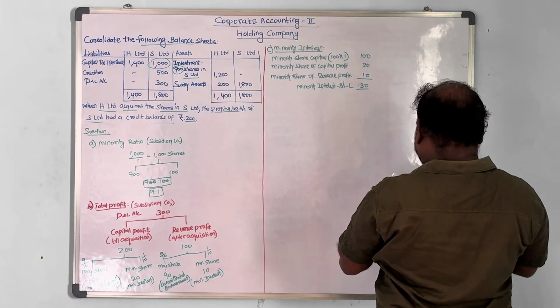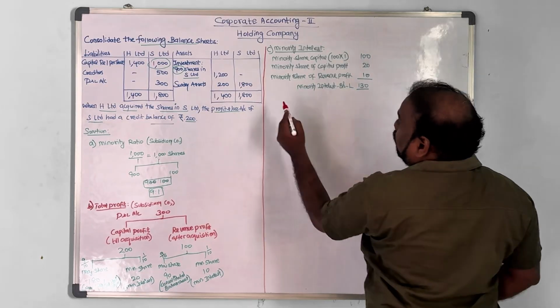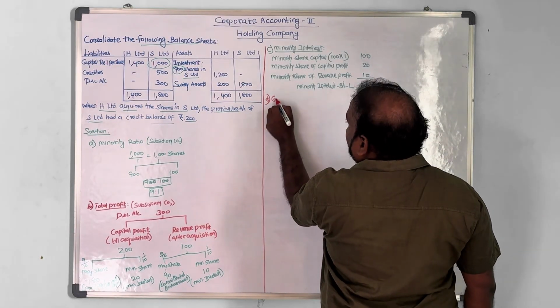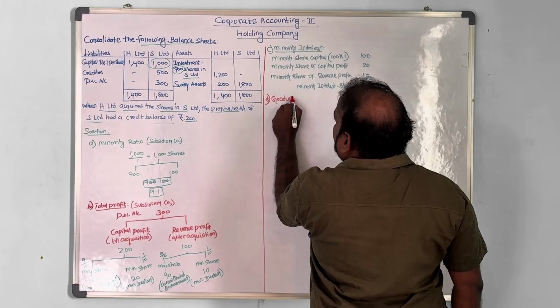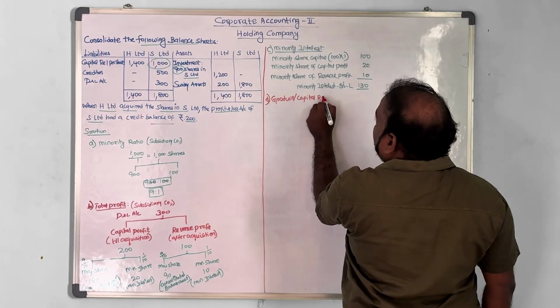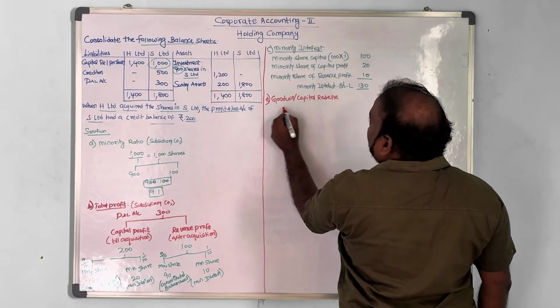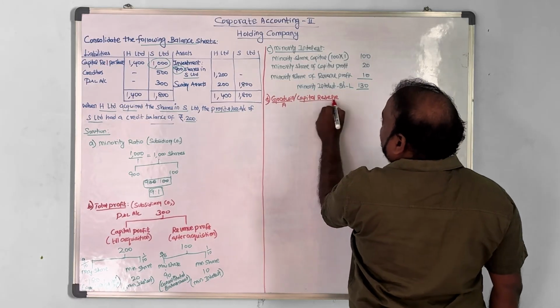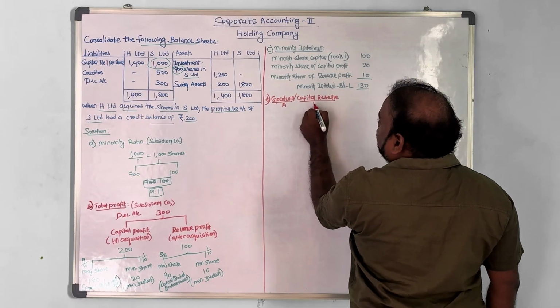The next one is calculation of goodwill or capital reserve. If it is goodwill, it will come in the balance sheet as asset. If it is capital reserve, it will come in the balance sheet as liability.